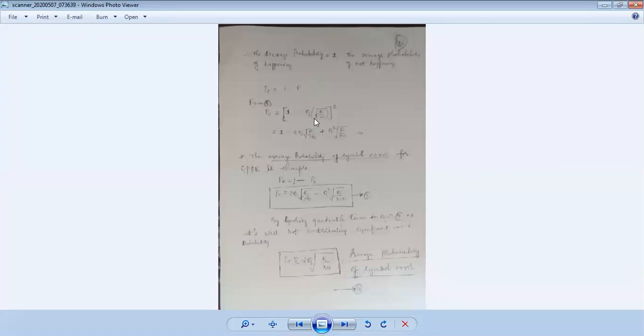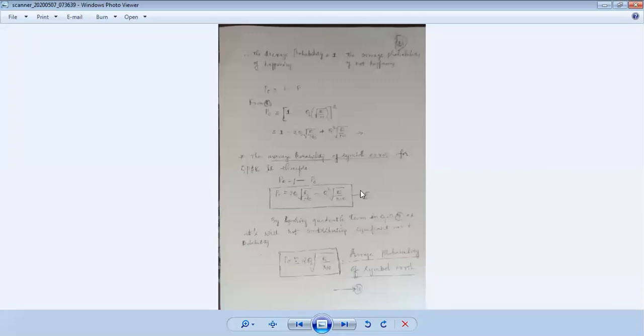Just take this as the (A minus B) whole squared formula, and ignoring this, this is the probability for one path. Now for both the signals, we get 1 minus P_c is equal to Q of square root of this.